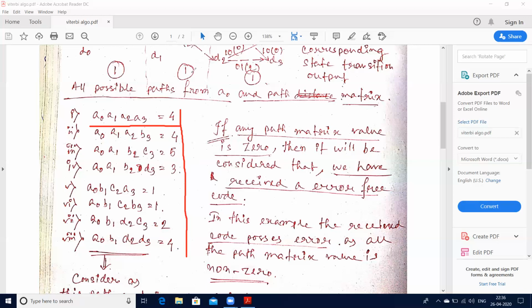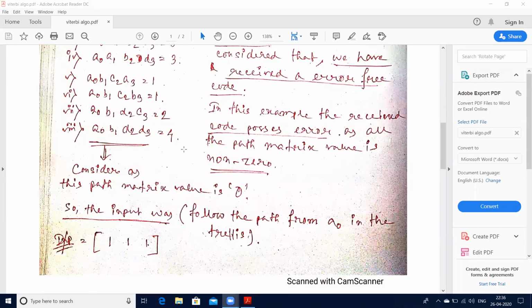So this is the condition: when we get any path with path matrix 0, the received code is considered an error-free code. When it is not, it is an error code. From this we come to the conclusion whether we have received an error code or not.